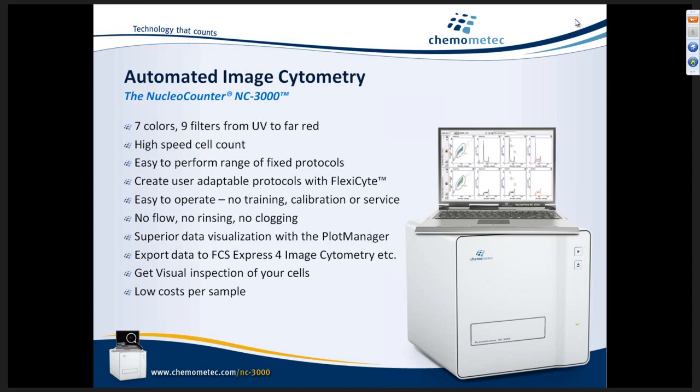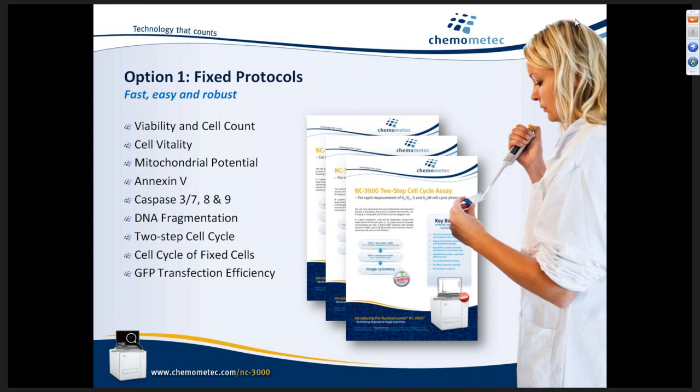And if we go on to look at the first option, the fixed analytical assays or the fixed protocols, I told you we had the viability and cell count, which is our main assay, and which is the assay that most of our users depend on. And on top of that, they use all the fixed protocols and a lot of FlexiSite protocols. We have the cell vitality, which I will come back and demonstrate, and it is a measurement of cell health.